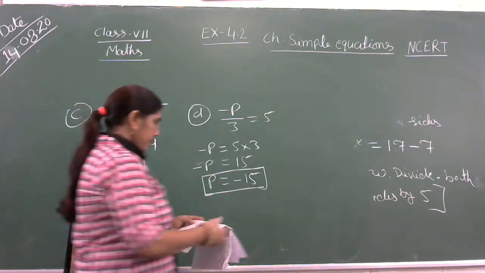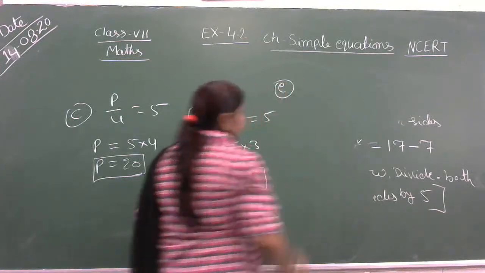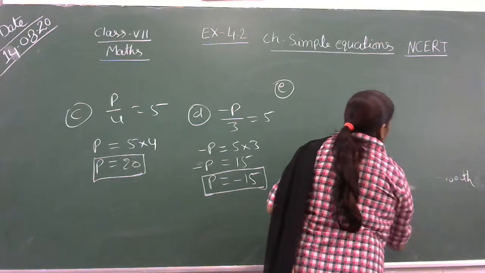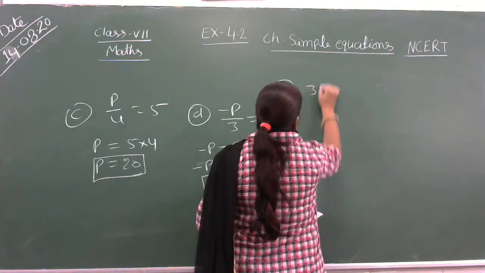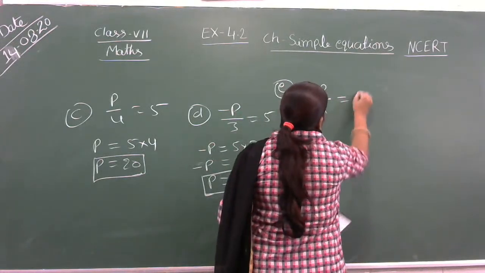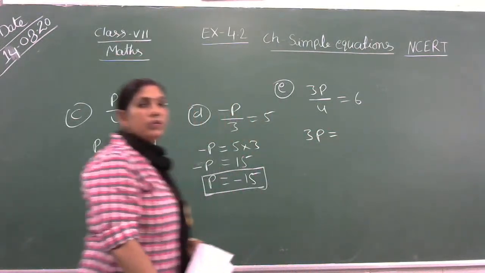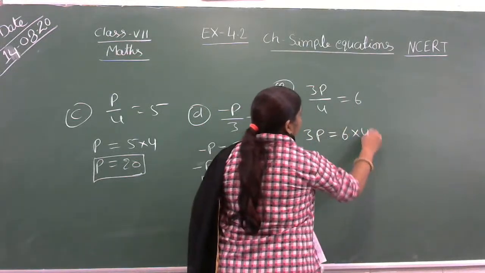Now one more part I am solving here, E part. 3p upon 4 is equal to 6. So 3p is equal to 6 multiplied by 4.